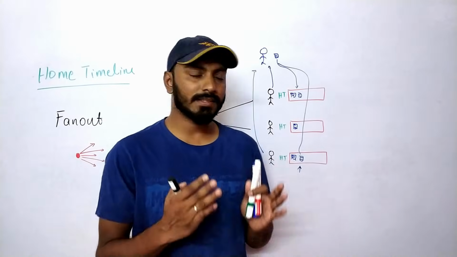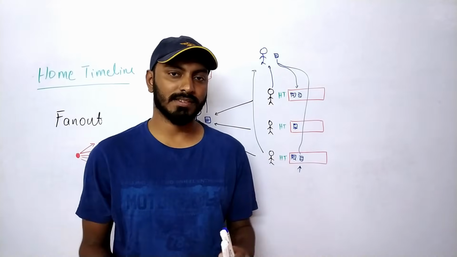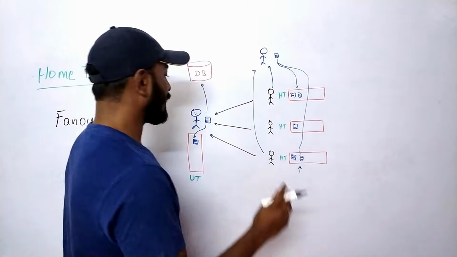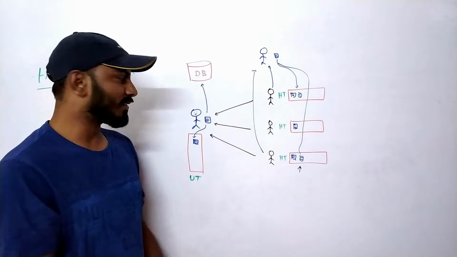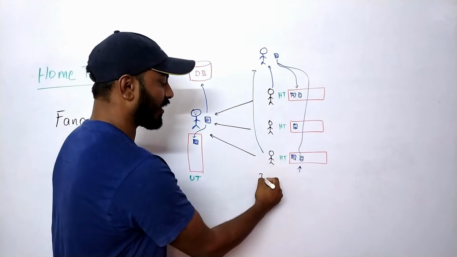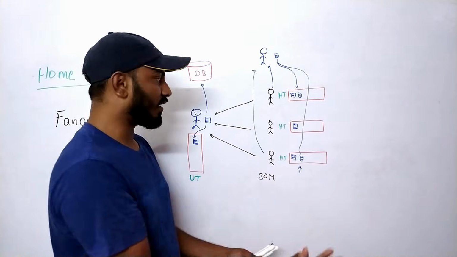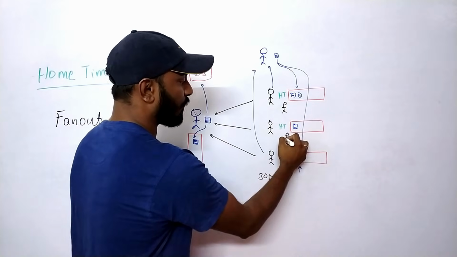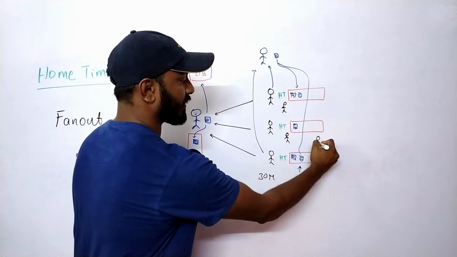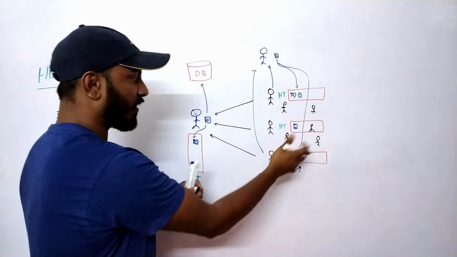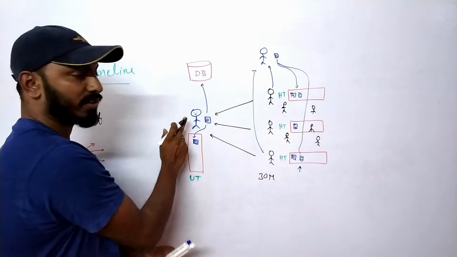But does this model work always? It doesn't. Sometimes. When? Consider this user is a celebrity, someone like Taylor Swift, with about 30 million followers on Twitter.